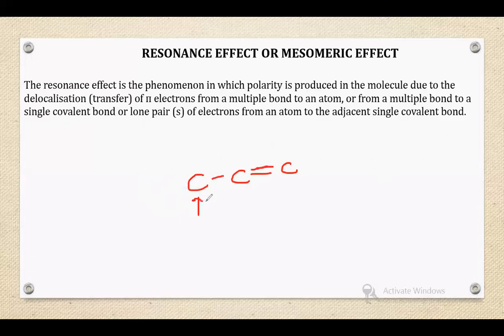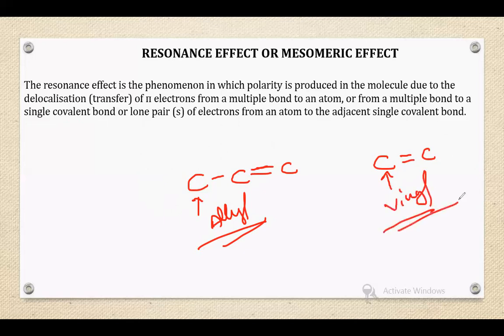Then this carbon is called an allyl carbon. If any substituent group directly attaches to the double bond carbon, then it is called a vinyl carbon. This is an allyl carbon, and this is a vinyl carbon.